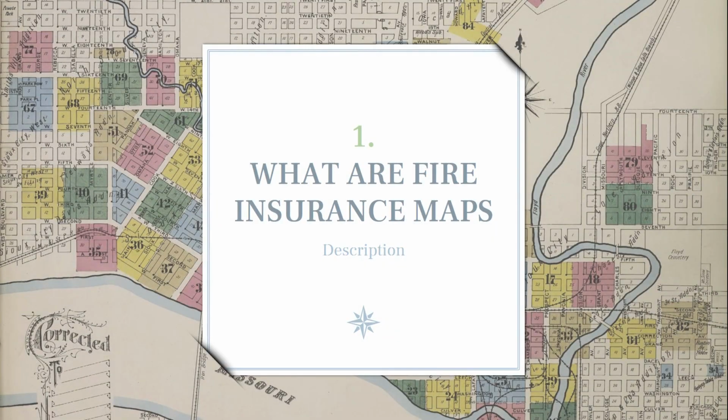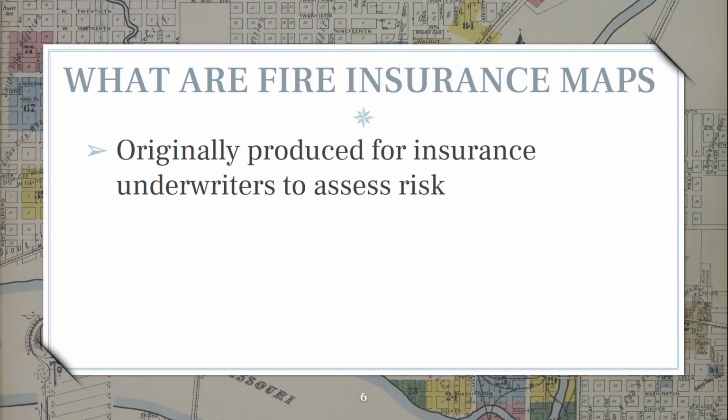So let's start by talking about what fire insurance maps are and why you should be interested in them in the first place. Fire insurance maps are an incredible source of detailed historic information about cities, towns, and urban areas. They were originally produced for the purpose of providing insurance underwriters with a catalog of information which they use to assess the risk of insuring a particular property.